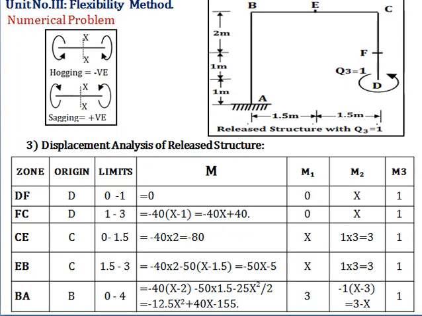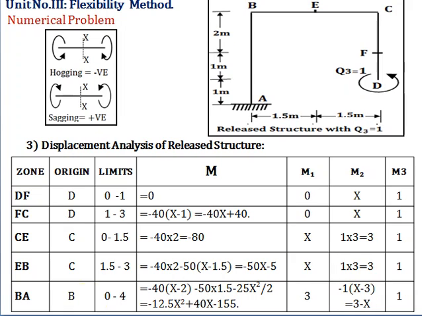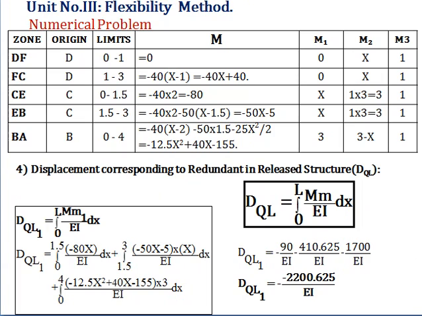We found the bending moment values with q2 equal to 1, and then with q3 equal to 1. In this way, we completed the displacement analysis of the release structure for the different conditions.